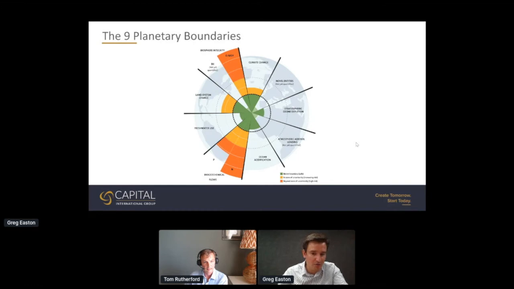The biogeochemical flows element there really links back to agriculture, when you look at the use of fertilizers and how nitrogen, for example, gets into ecosystems. And I think it's that sort of analysis that we're starting to see families pay more attention to.